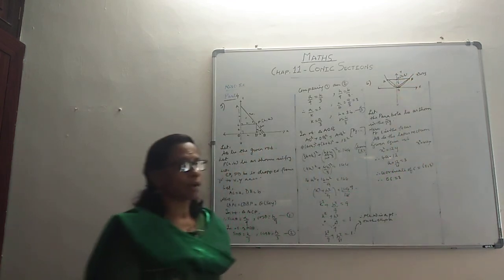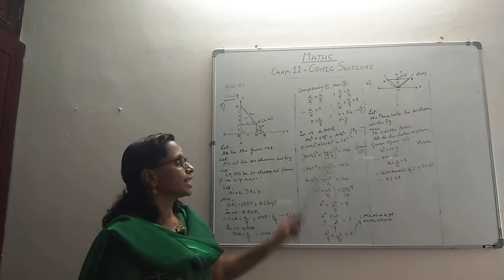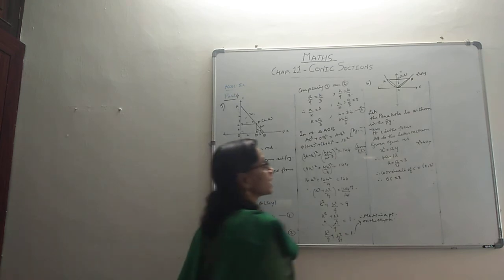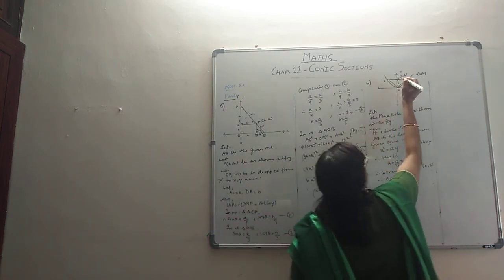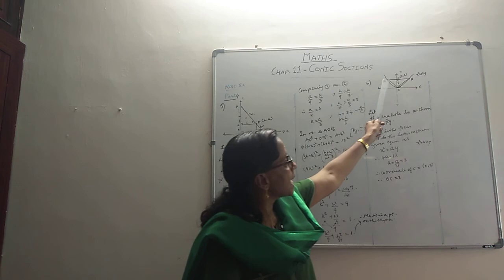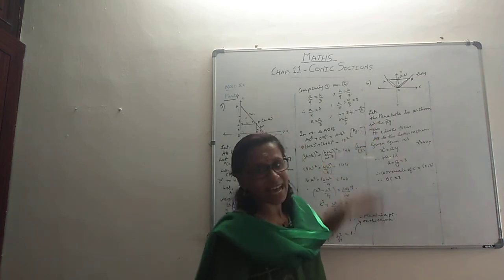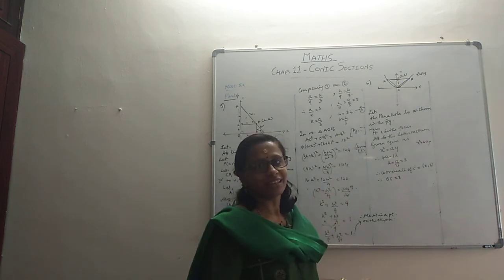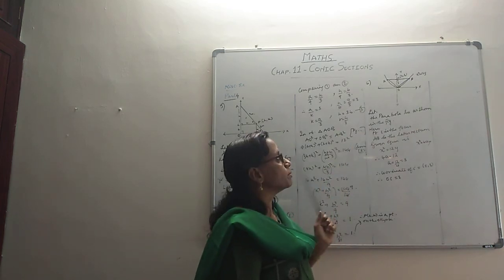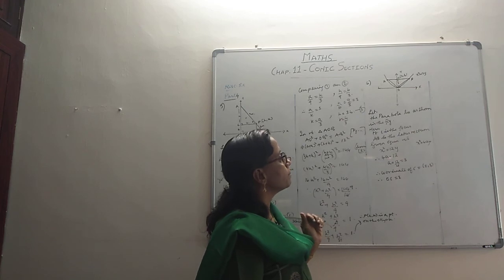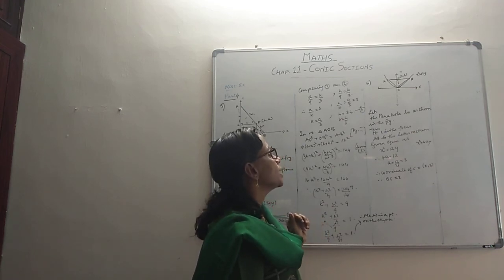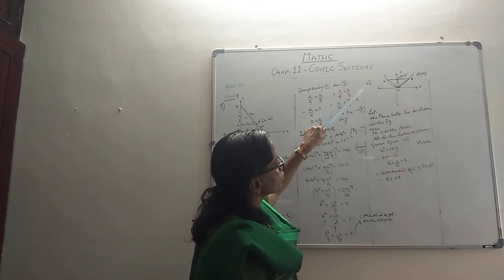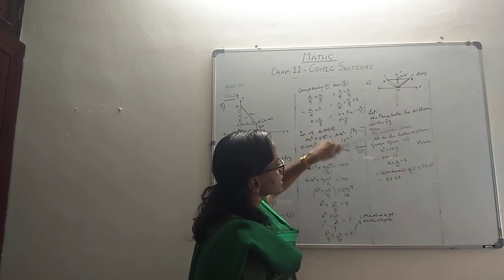Now, why are we so happy with this length? Because they are asking us to find the area of the triangle AOB. For the area of the triangle AOB, because this is perpendicular, you could have AB as the base and OC as the height. So if you are able to find AB, then you are done with the area formula. We should be able to find AB. If you are able to find AB, then your work is done.